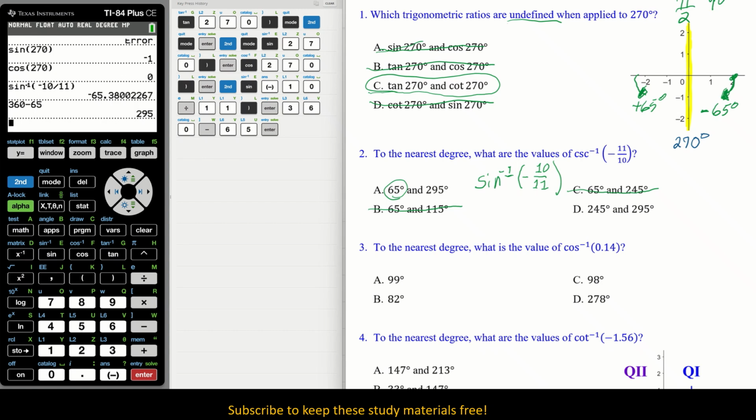I guess if we were in quadrant 1, that would make sense, but that would be an error in the application. I mean, that would just show that we didn't know the properties. We weren't well versed in that. Okay, so let's do 180 plus the 65, 245. So yes, absolutely. Option D is correct.